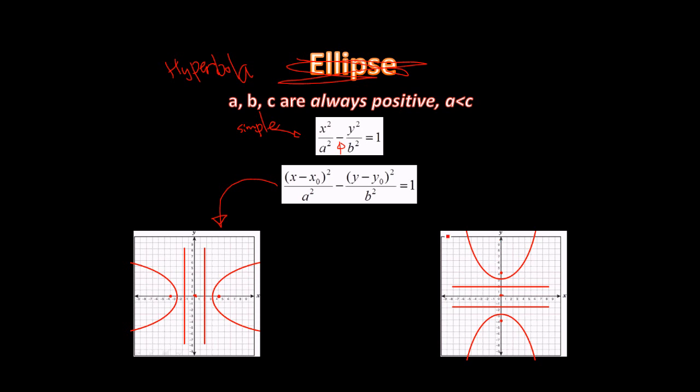In this form, the equation will be slightly different. Basically, you swap the y with the x. So what you have here is y minus y0 squared, you keep the denominator, and you have x minus x0 squared over b squared equals 1. So it's very similar, but you switch the x's and the y's.